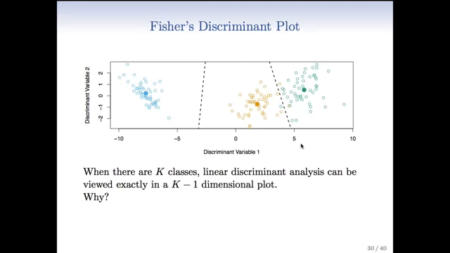And here it is. And I've got discriminant variable 1 and discriminant variable 2 as the horizontal and vertical axes. And it turns out these are linear combinations of the original variables, but they're special linear combinations. And when you plot the variables against these 2, you see really good separation.